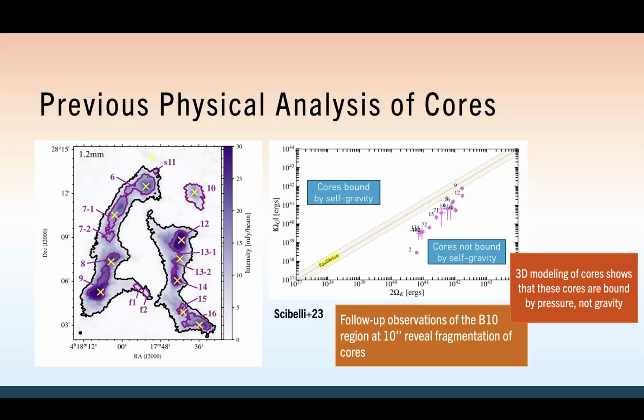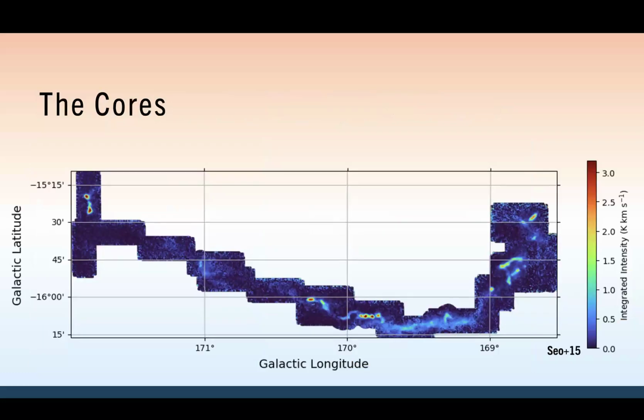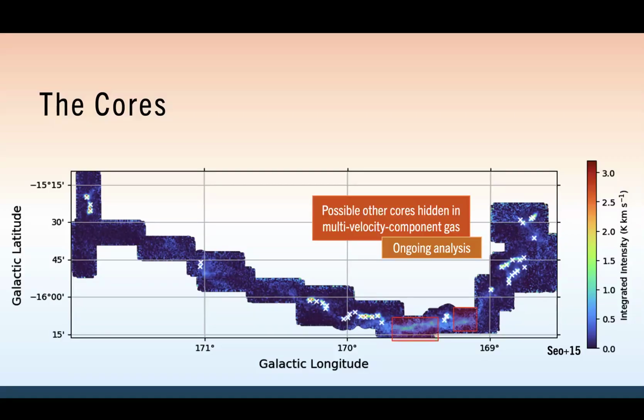So that, as I mentioned earlier, way at the beginning, is something to consider when we're looking at how the kinematics of these cores are existing. So again, here in the white axis are all of the cores.